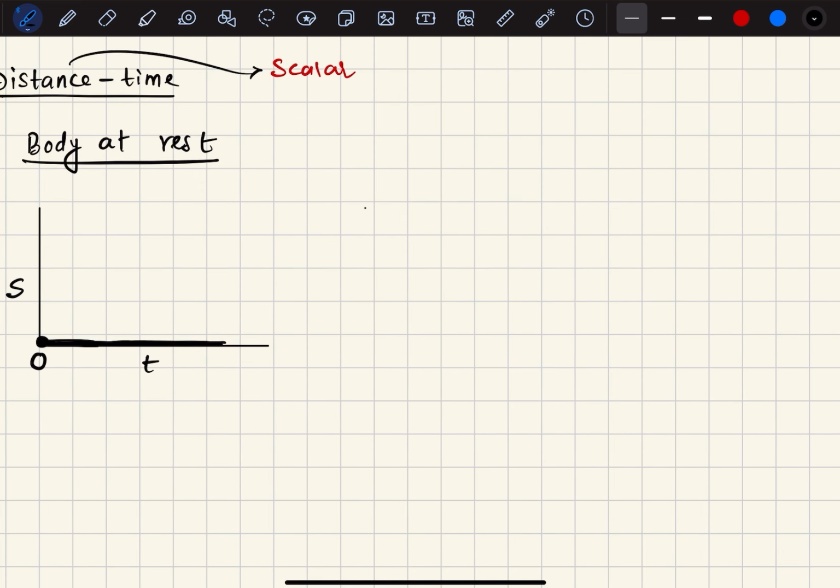However, suppose the body is initially at this position and here is my observer, so already there is a 5 meter distance. Then after time t, 1 second, 2 second, 3 second, the body is not moving, so the distance of the body from the observer remains the same.